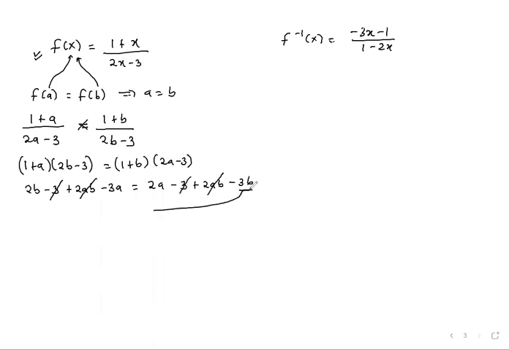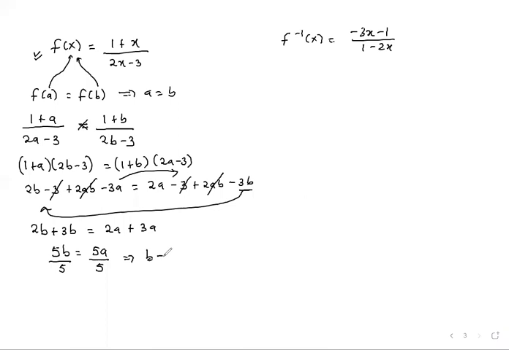So take it this side where there is b, and take negative 3a the other side, so that we get 2b plus 3b is equal to 2a plus 3a. This is 5b is equal to 5a. Divide by 5 on both sides, so we get b is equal to a.